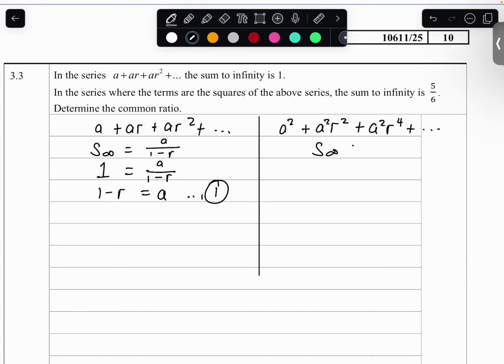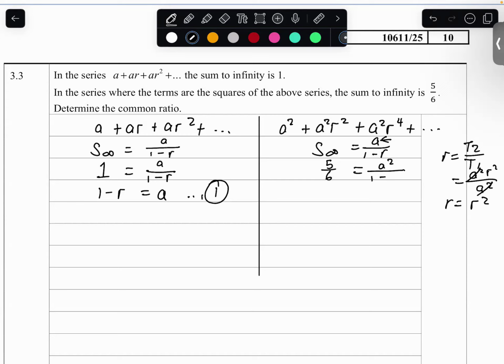Your first term is a squared, all over 1 minus r. Let's figure out r. It's t2 over t1. So t2 is a squared r squared all over a squared. That and that cancels. We're just left with r squared.